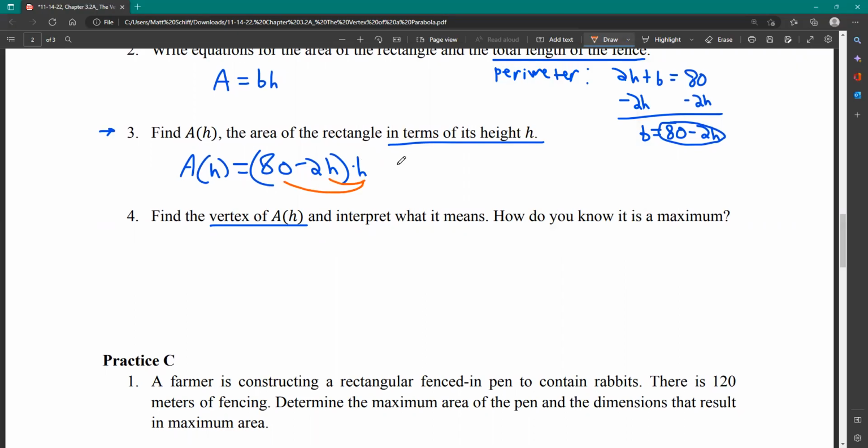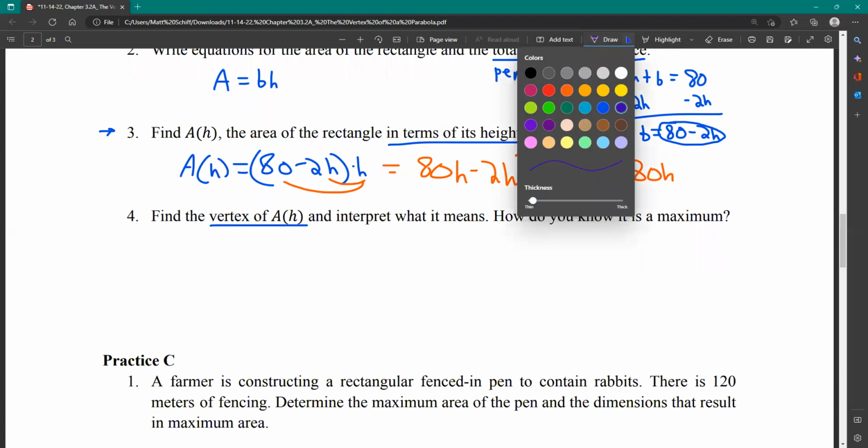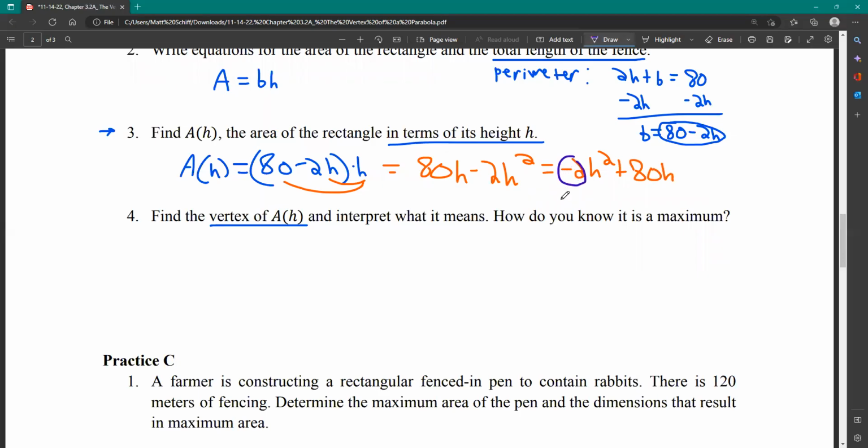So when you multiply it out, you get 80h minus 2h squared. In other words, it's negative 2h squared plus 80h. So now it's in standard form. Before it was in factored form. And notice that the a value is negative. So the parabola will be concave down, and there will be a maximum.